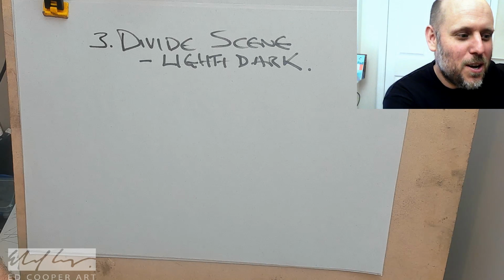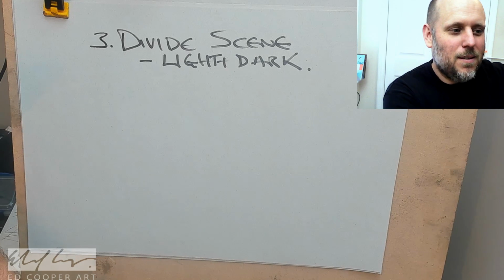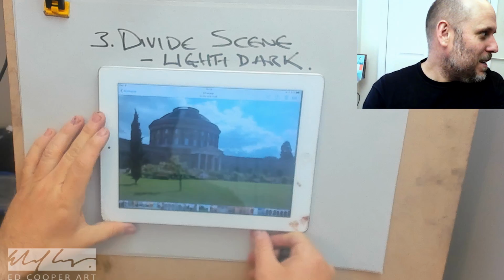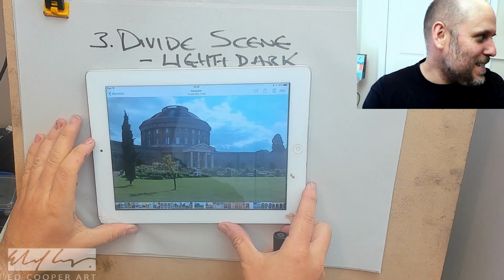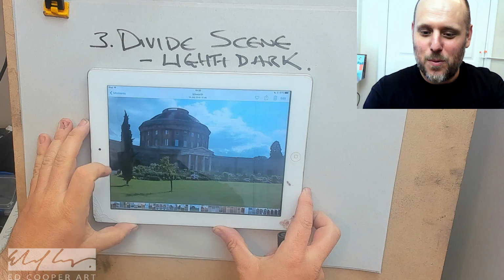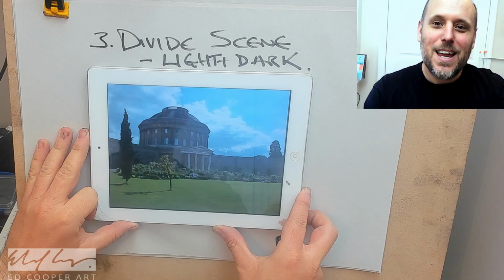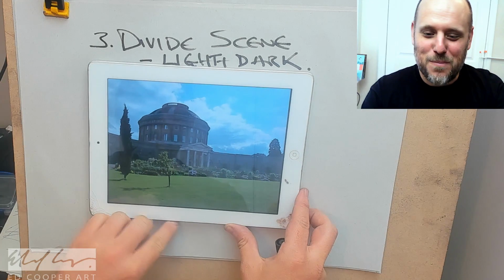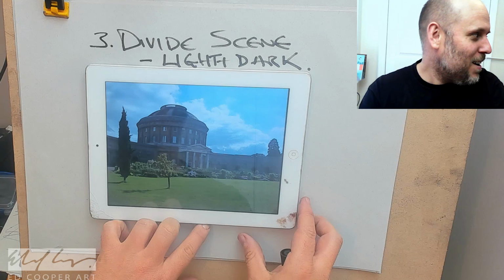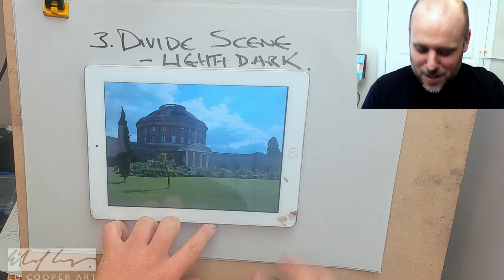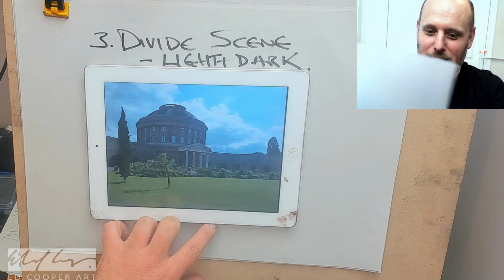So if you can see that, that is Ickworth, which is a National Trust building up near Bury St Edmunds. I was up there last year.